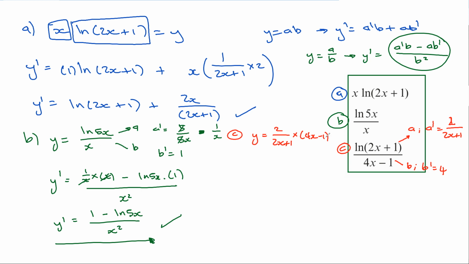And then I've got to subtract that. So let's see if I can put that somewhere at the bottom of this small space. Okay, so we're just going to use that formula, a dash b minus ab dash over b squared.